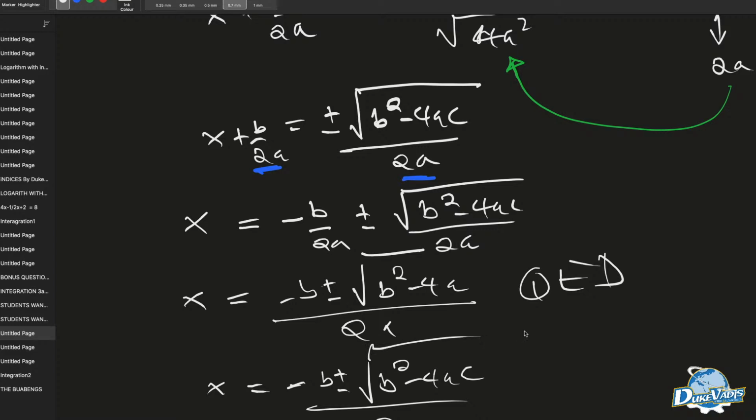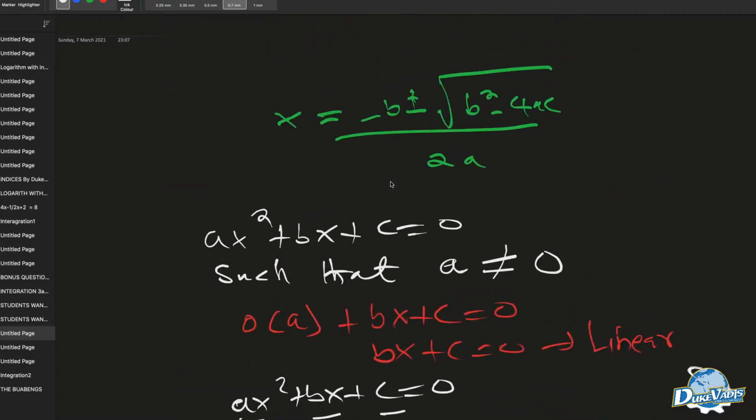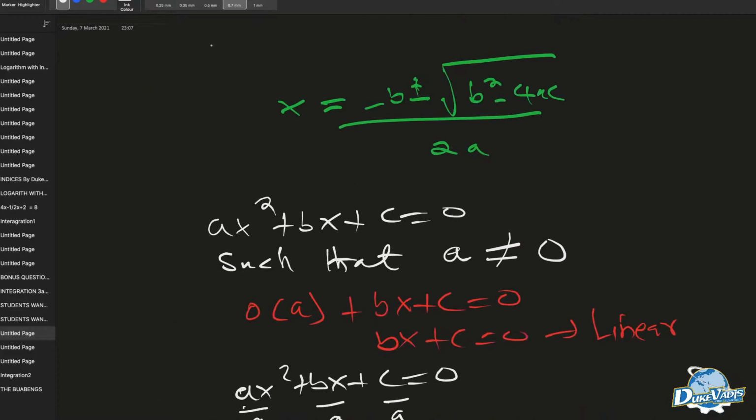Okay, let's recap. Now, this is the equation that students want explained: how on earth are we supposed to use this equation to factorize every quadratic equation?